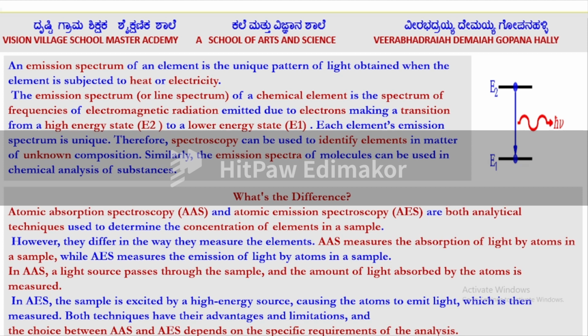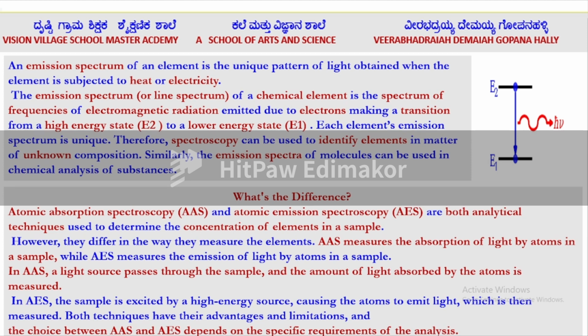So what is the difference between atomic absorption spectroscopy and the atomic emission spectroscopy? Well, friends, let us have a brief discussion about the difference between those two sophisticated instrument technologies.